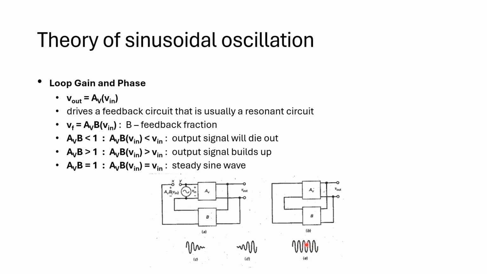So when do we have a steady sine wave? We have a steady sine wave when our AVB is equal to 1. We don't want less than 1, we don't want greater than 1, so we want it to be equal to 1. That will happen when our AVB multiplied by Vin is equivalent to Vin. In that case, we will be having a steady sine wave like in this figure.